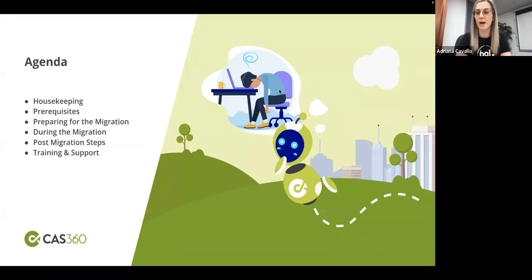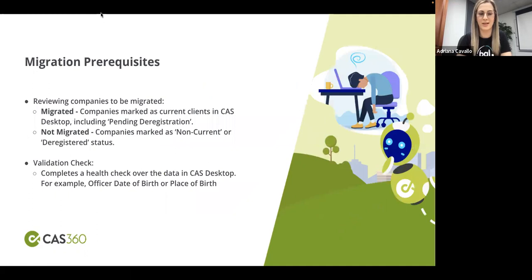And then some post-migration steps and training. And we really want to make sure that all our clients that are migrating from CAS Desktop to CAS 360 are given all the support and resources that they need to make a successful transition across. So I'm going to hand over to Damien now, and he's going to be going through all the prerequisites for today.